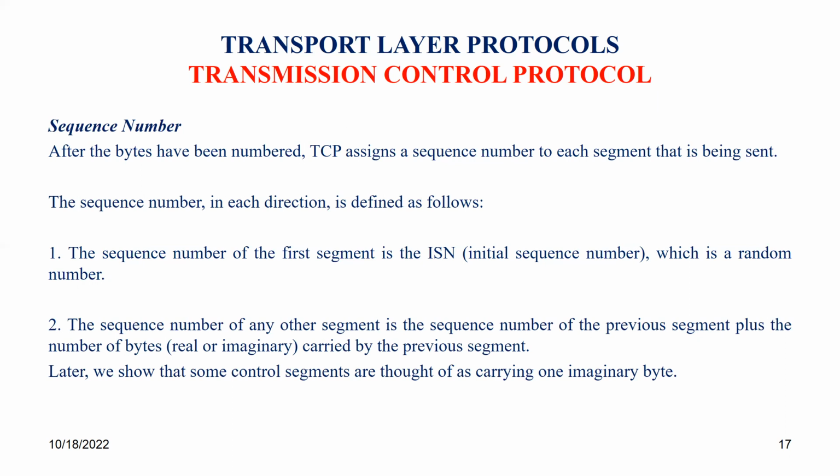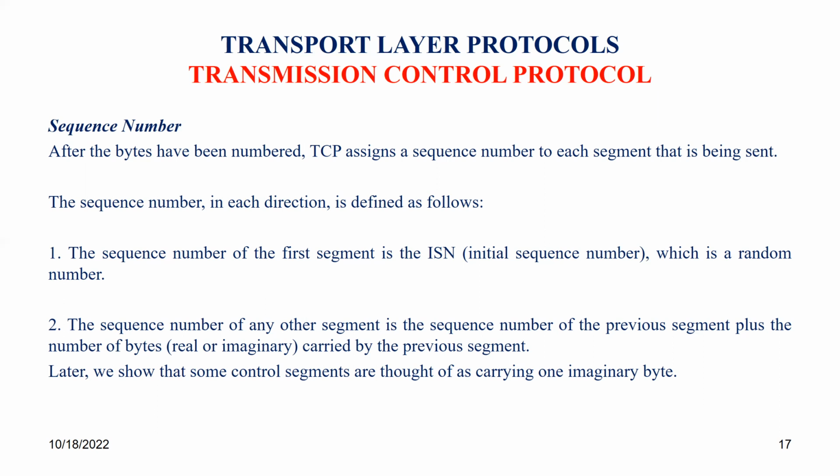If you transmit 1,000 bytes of data, for example starting at 8,000, the last byte will be 9,000. So from 8,001 to 9,000, where 8,001 is the initial sequence number.